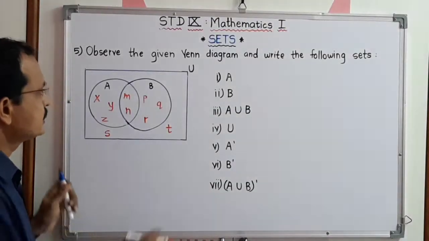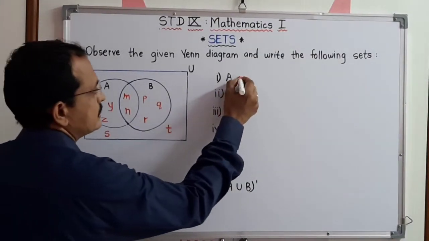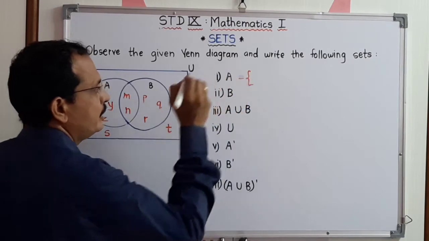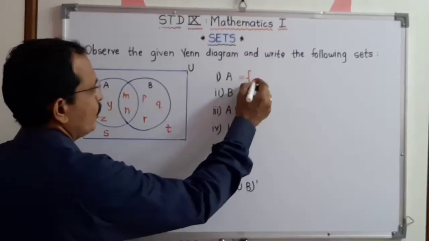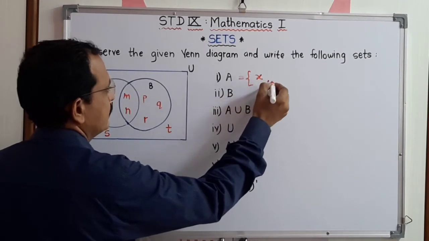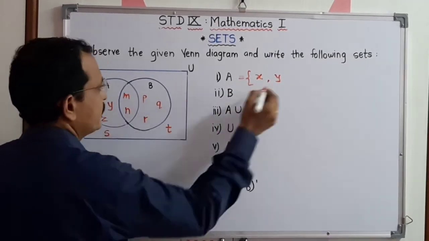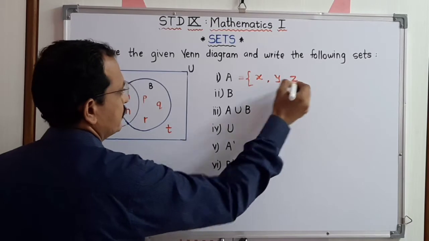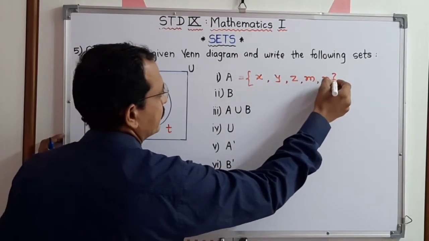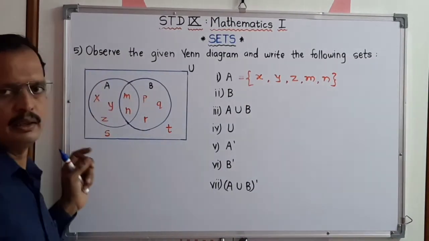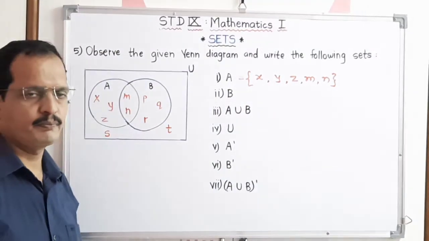Now see the first set A. In that set A we have to write the elements. The first element of the set is x, put a comma, then y, then z. After that this m and this n. These are the elements of set A.